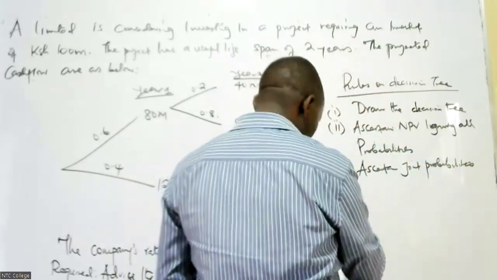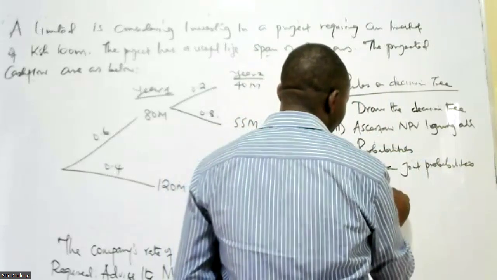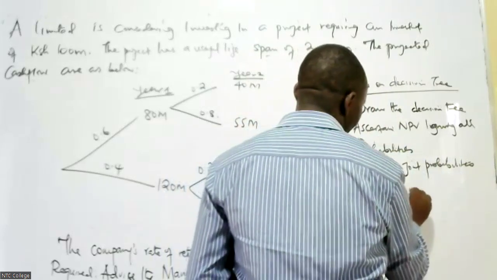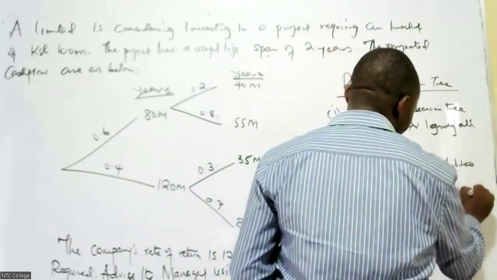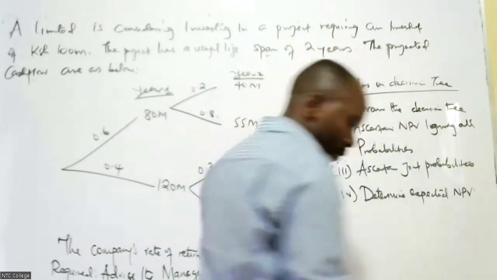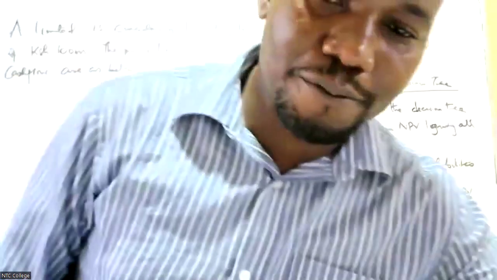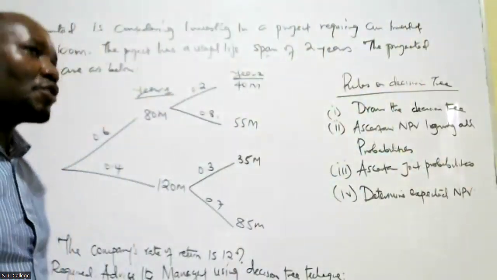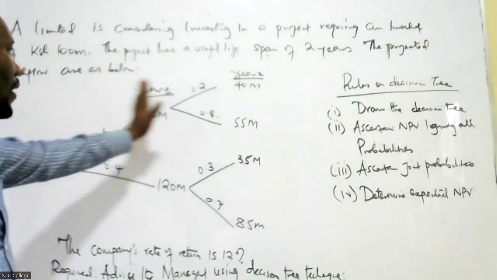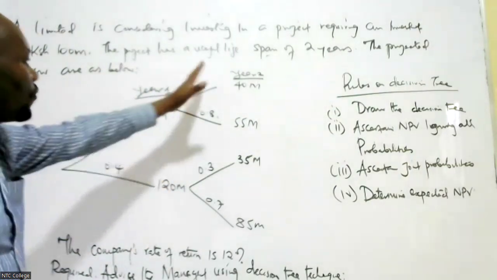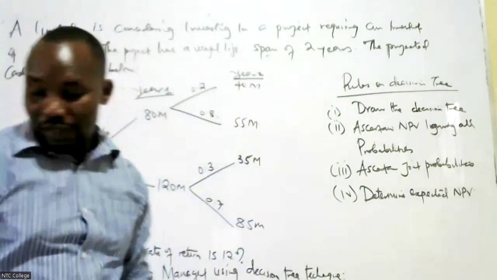And the last one, determine expected NPV. Those are the rules that will save your life. When you need to get NPV but you have cash flows for 2 years, the rules here will really help you.